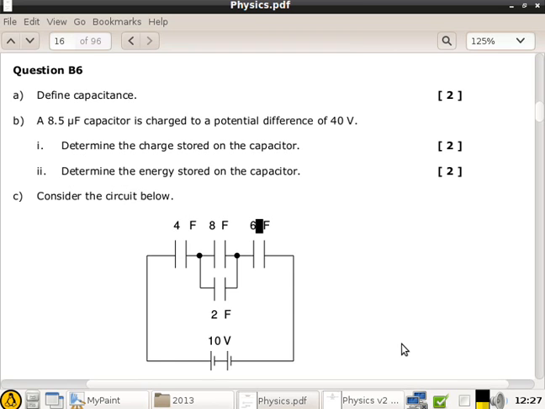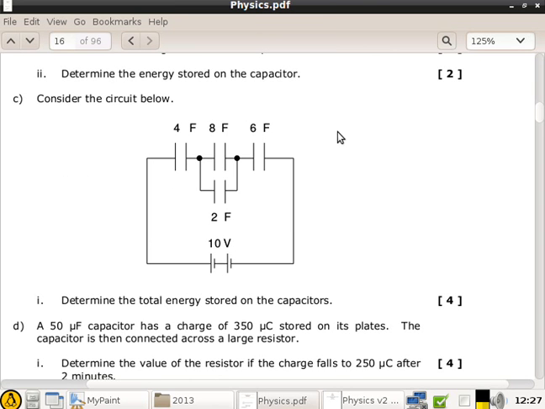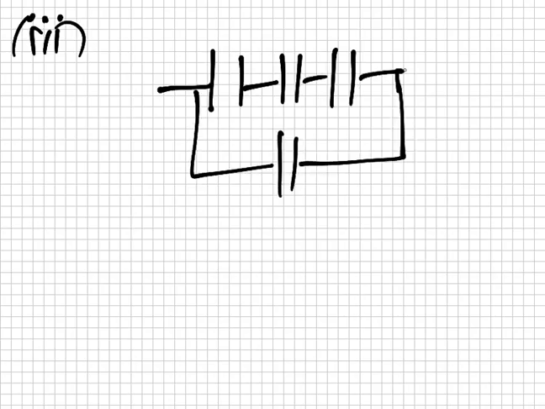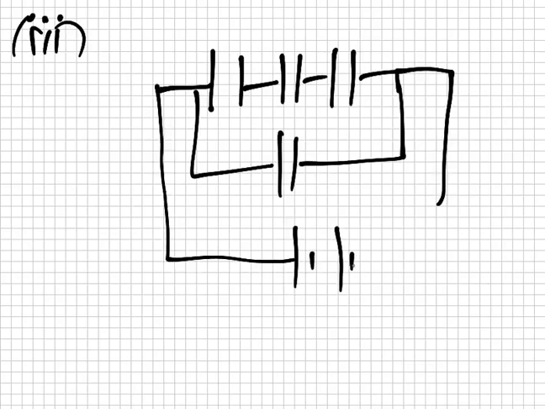So, this circuit here, 1, 2, 3, 4, and a 10 volt. Okay, so I'll just draw this here. It was 1, 2, 3, 4, and then here is 10 volts.